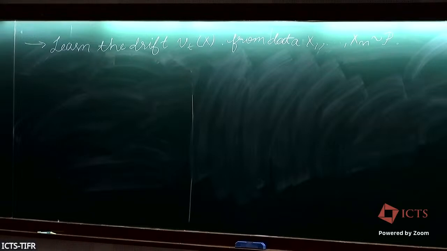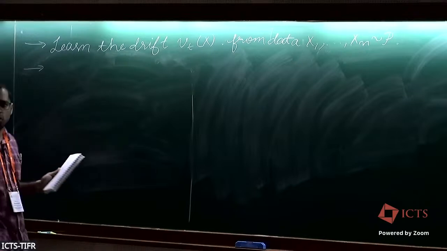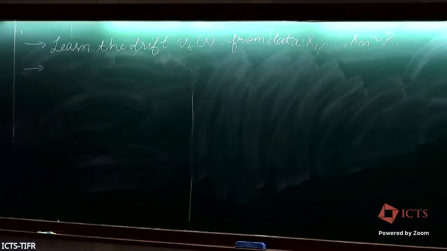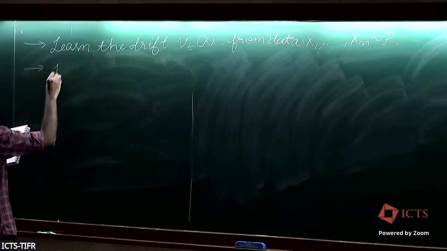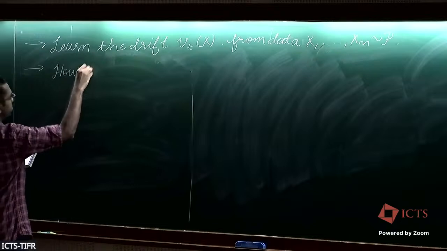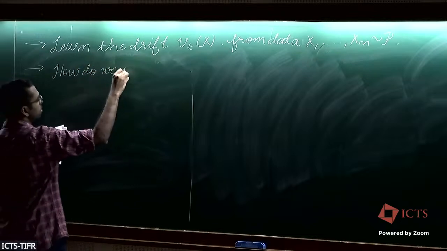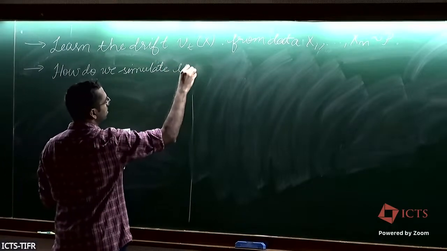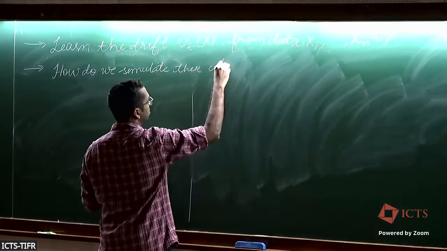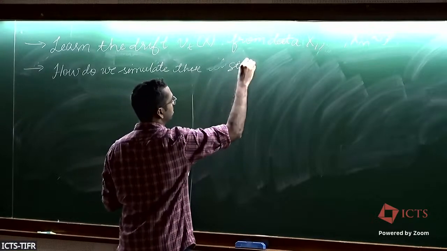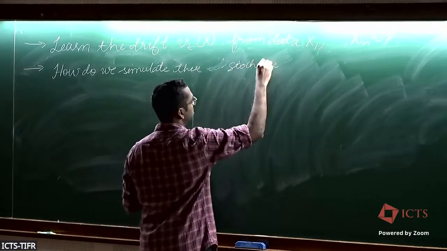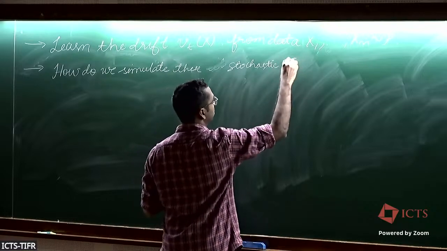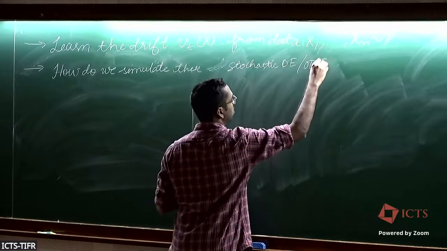The second question, which I don't know if I'll have time to get to in the course of the lectures, is: suppose we are given this V, how do we simulate this continuous time stochastic process?